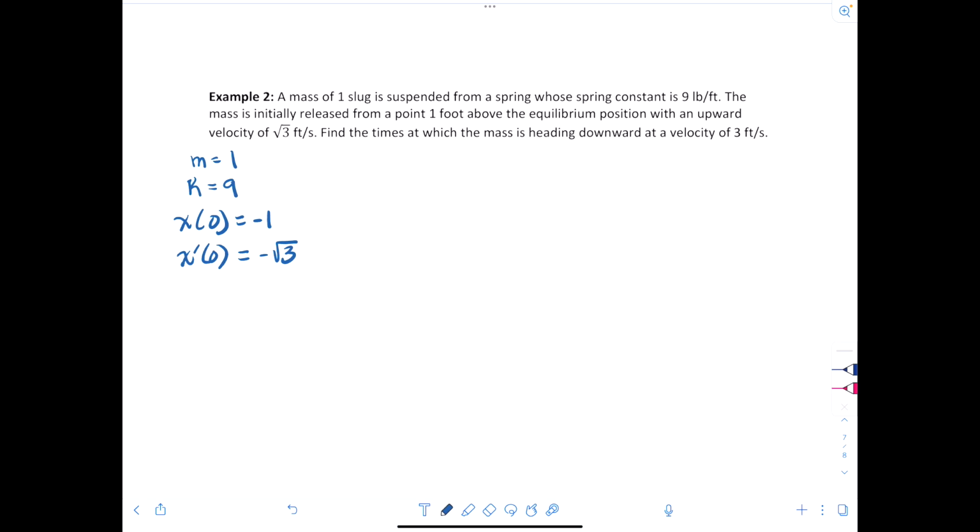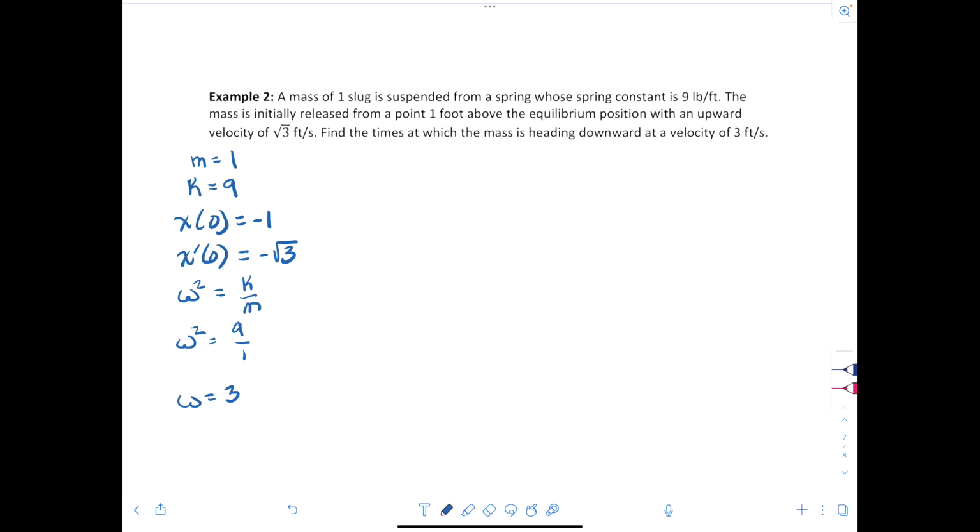All right. Now we know omega squared is k over m, right? So omega squared will be equal to 9 over 1, which gives us omega is 3. Cool so far?